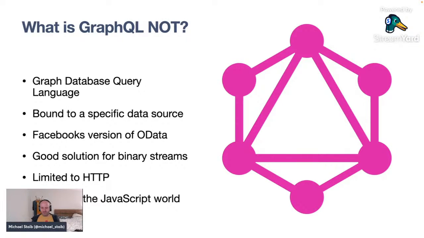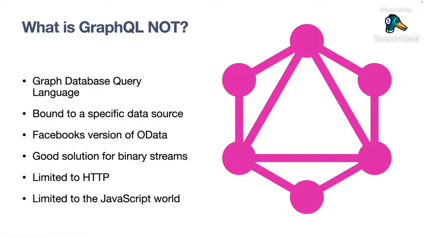Also, GraphQL is not limited to the JavaScript world. And that's why I, in the beginning, explained that actually it came from this problem that Facebook had with their mobile applications. The first client for GraphQL was actually written for Java and Swift. So it was not a JavaScript client that they built first. It was a client for Swift and Java. So native mobile applications. That's where it came from.